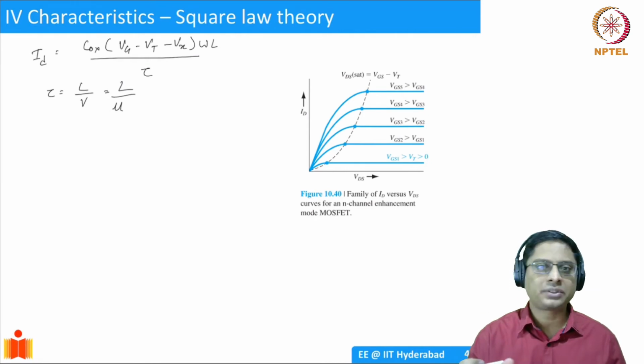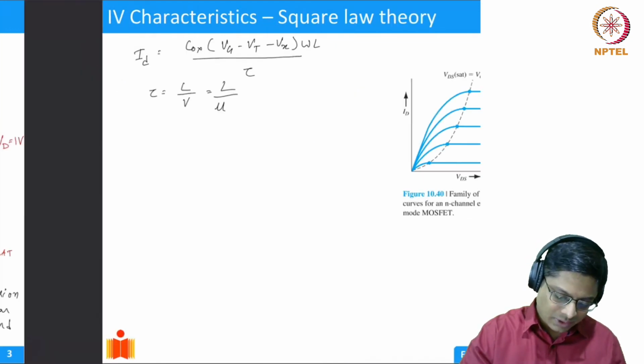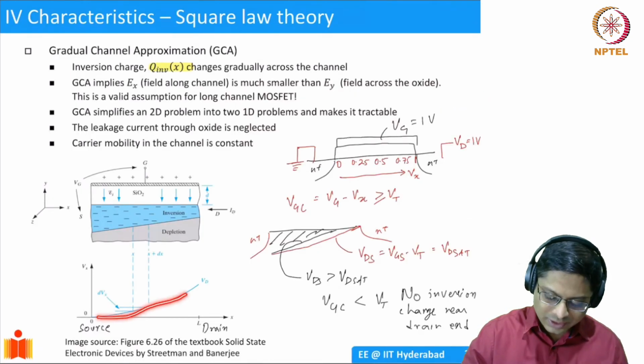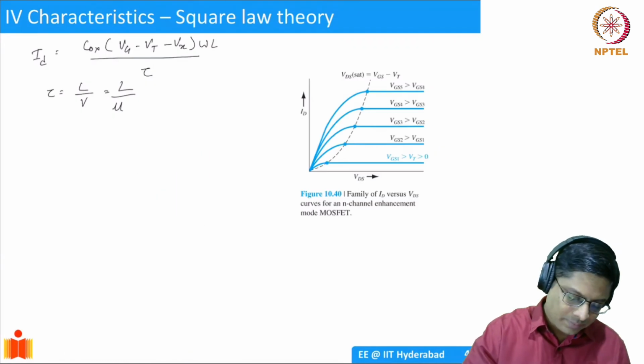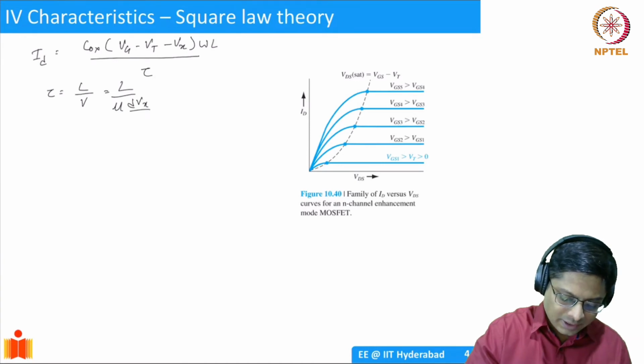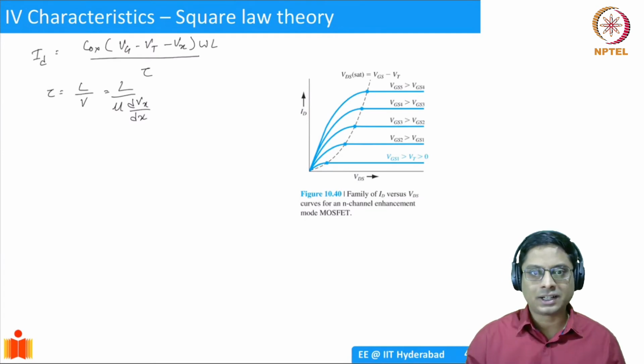In the previous case, we took the electric field to be VDS by length. But now the electric field is going to change, because there is some sort of nonlinear distribution of voltage. So the electric field now will turn out to be dVx divided by dx. It's not VDS by L like in the previous case.